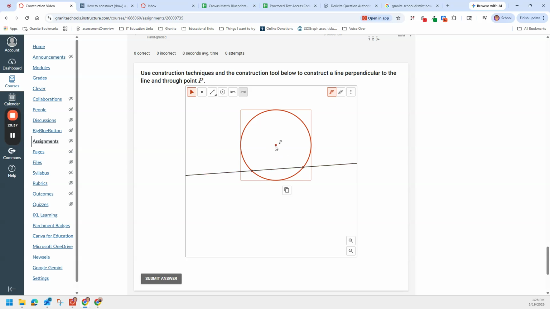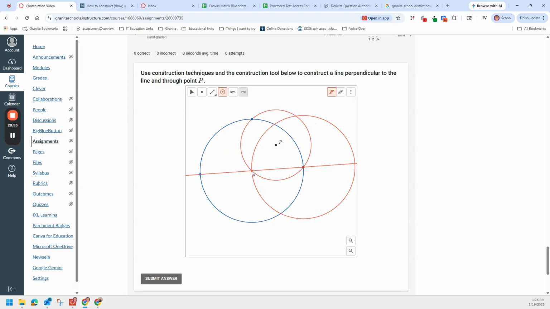Essentially that puts P in a middle point between those 2 points. Now let's create our perpendicular bisector of those two points. And now going through P, we've got a perpendicular, and it is going through point P.